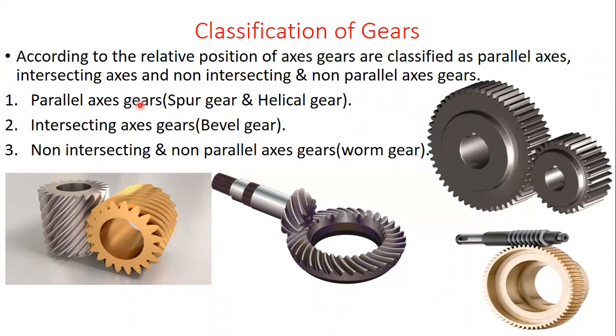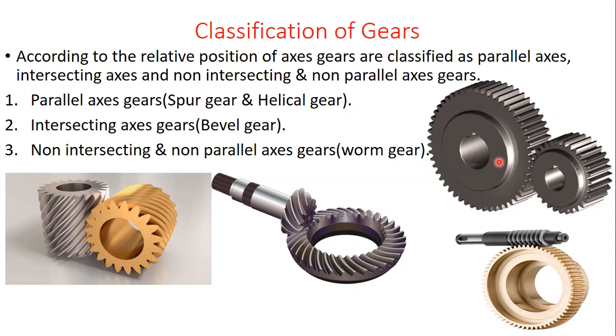If the axes of the shafts on which the gears are mounted are parallel, here you can see that this is the axis of the shaft, and this is the axis of the other shaft of a gear. Here the axes of the shafts on which the gears are mounted are parallel.